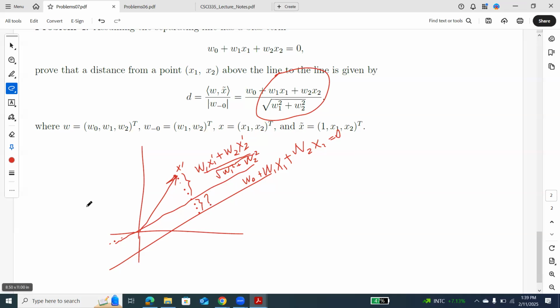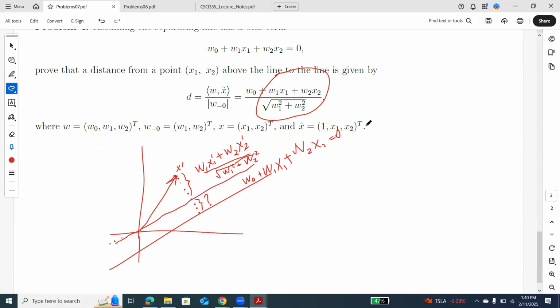So let's think about how we can use this bias term to figure out this distance. What are the coordinates of the intercept?